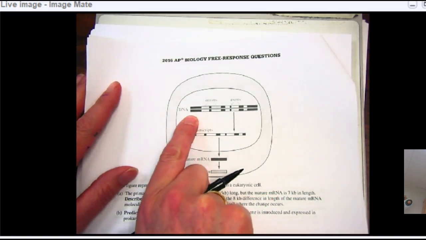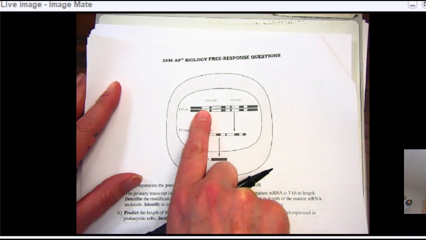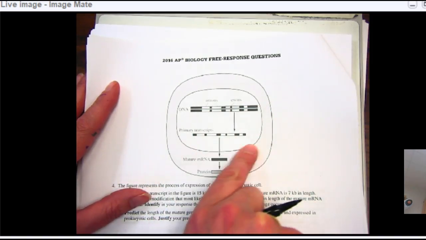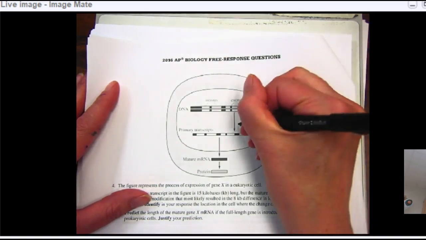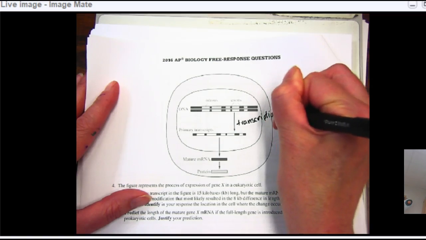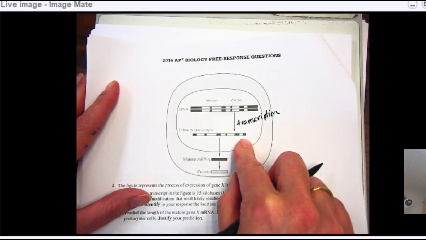Here we have DNA, and this whole section is a gene, and you can see that there's introns and exons, and the whole thing is copied through transcription. And we have our primary transcript.